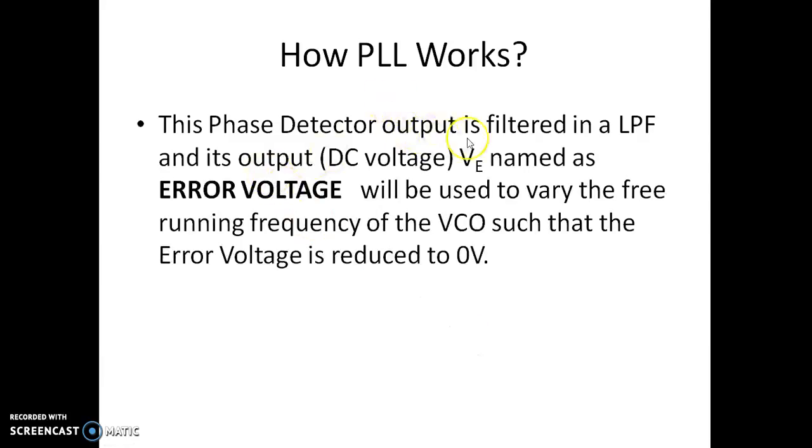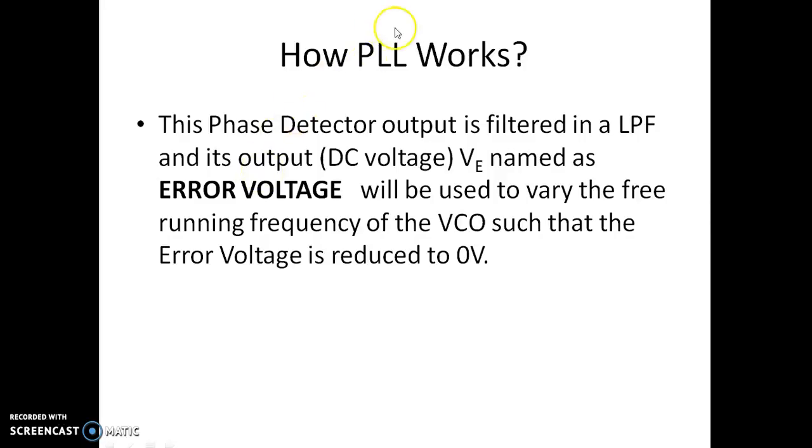Now this phase detector output is filtered in a low pass filter, and its output voltage, which is VE, that is the error voltage, will be used to vary the free running frequency of the VCO such that the error voltage is reduced to 0 volts. Meaning whenever there is a variation in your input signal, the phase detector detects that variation, and that output is applied to the loop filter.